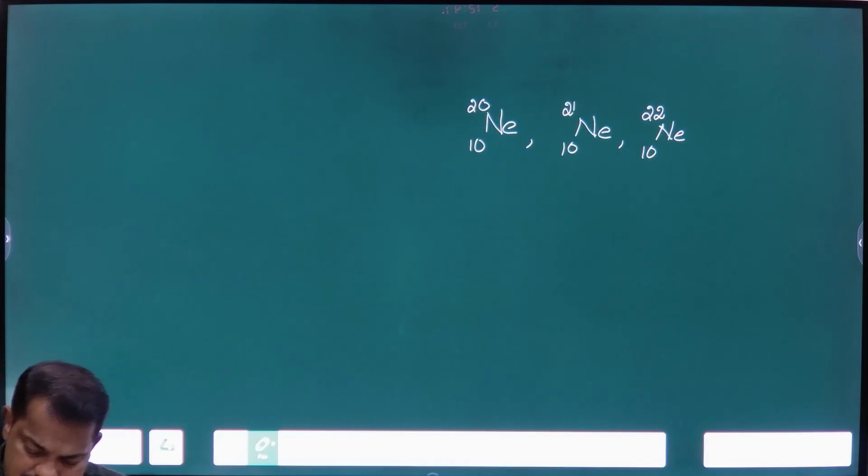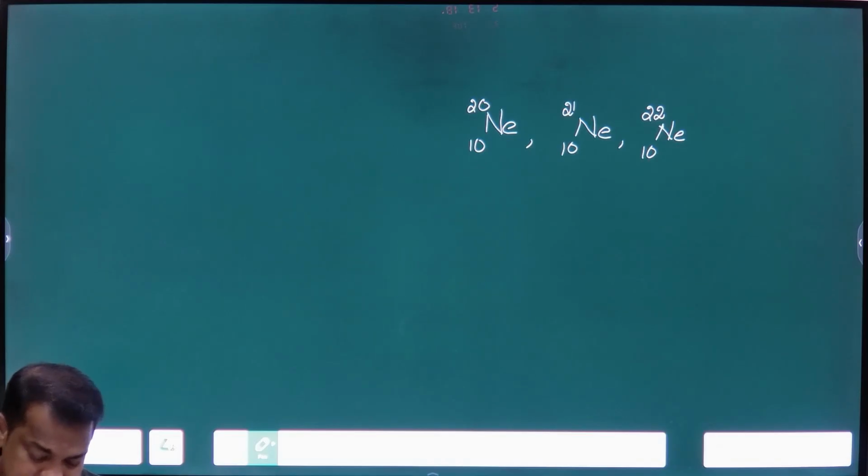Next question. Name an element in which the number of neutrons present in the nucleus of that element is equal to 0. Hydrogen.